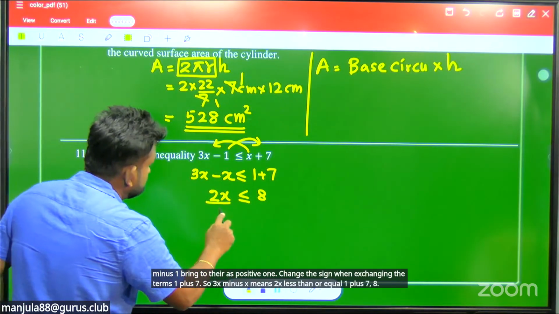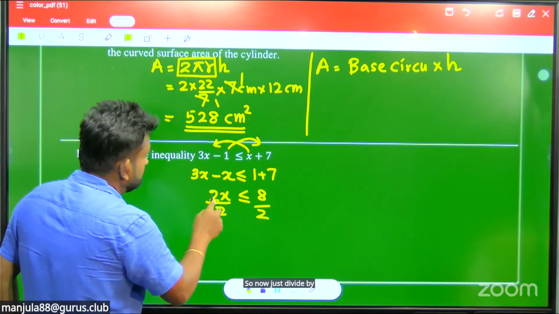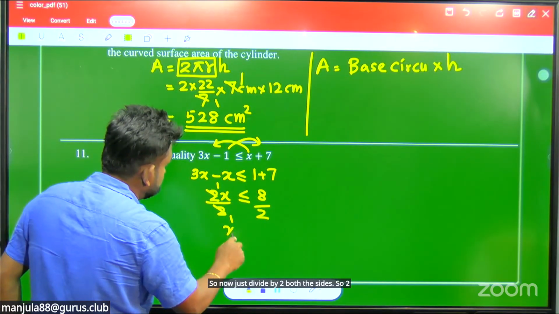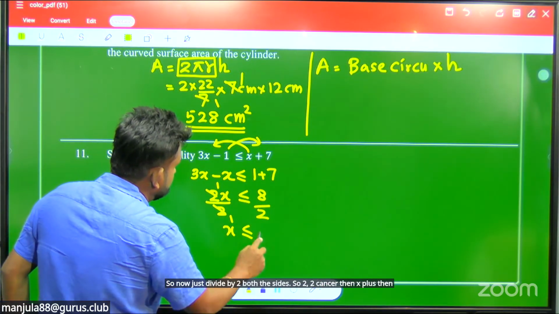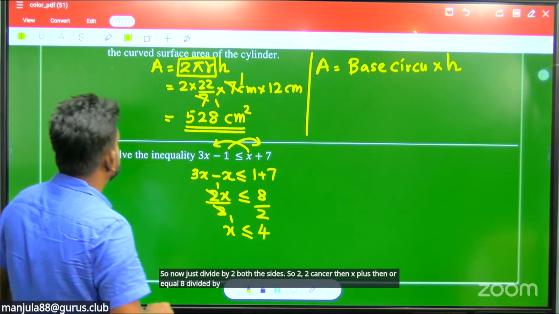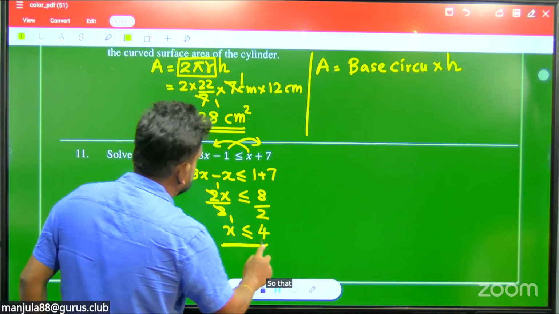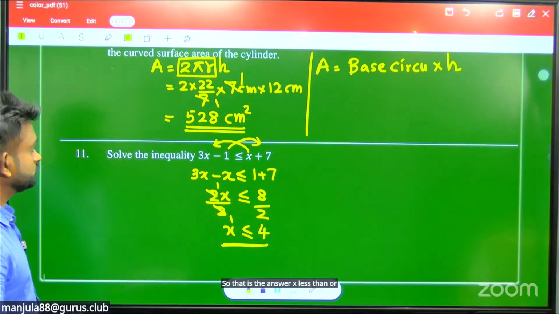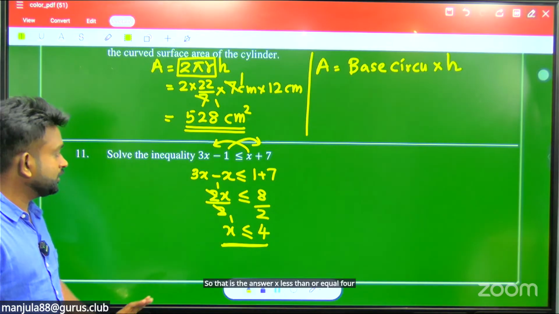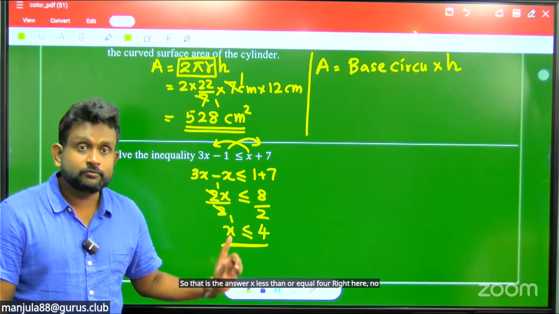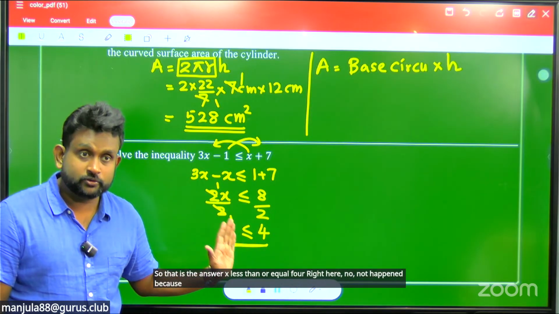Now just divide by 2 on both sides. So 2, 2 cancel, then x less than or equal to 8 divided by 2 is 4. So that is the answer, x less than or equal to 4. Here the sign change did not happen because we didn't divide by a negative value.